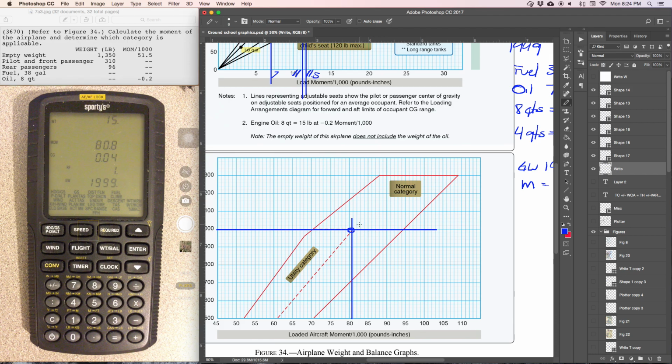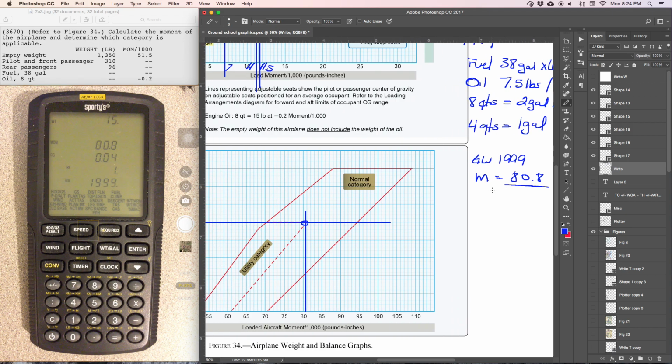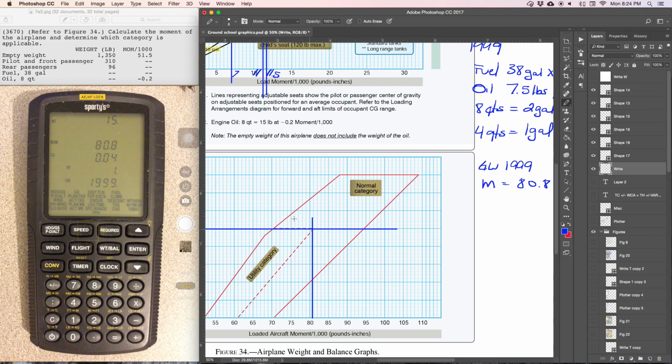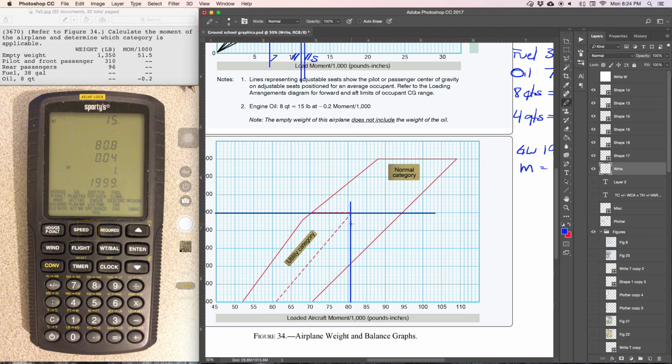So the answer to calculate the moment of the airplane: the moment is 80.8, and then determine which category is applicable. It's really difficult to see exactly which category it is, but in this case, they're wanting to see how accurate we've been.